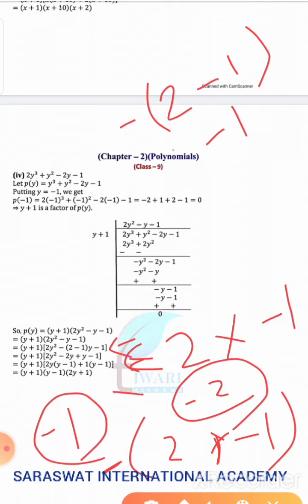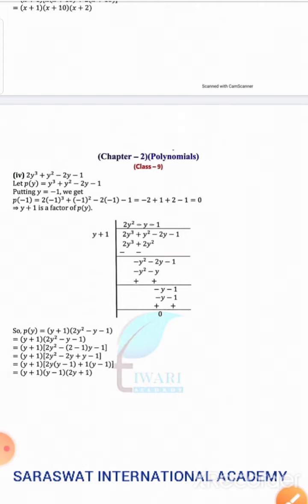So lastly we write the factors of our cubic polynomial: first bracket (y + 1), second bracket (y − 1), third bracket (2y + 1). Here we have solved the exercise sums.